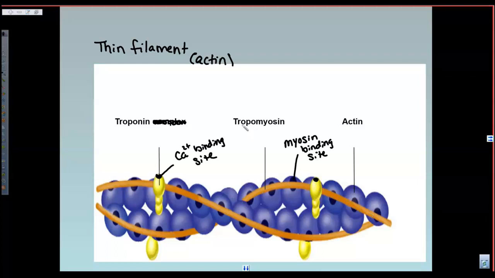Tropomyosin? Tropomyosin is causing trouble for myosin. Why is tropomyosin causing trouble for myosin? It's blocking the site. Do you see it? It's blocking the site. And what's holding that in place is this guy. Troponin is holding onto this rope.